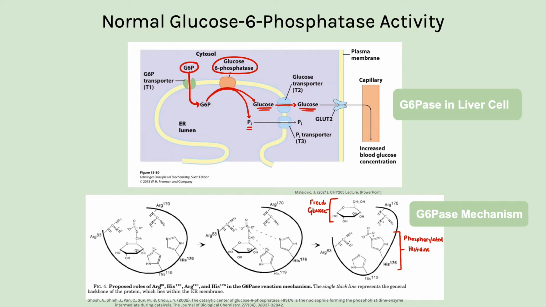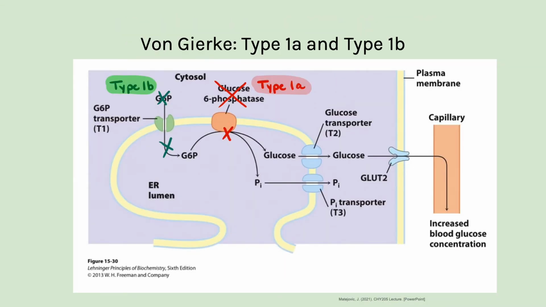When a patient has von Gierke disease, this process can't occur properly. As mentioned, the most common subtypes of GSD1 are type 1A and type 1B. Type 1A is the most common form of this metabolic disorder, representing roughly 80% of cases. This subtype is caused by a defect in the G6P gene, which codes for glucose 6-phosphatase, leading to a deficiency of this important enzyme and preventing glucose from being freed from glucose 6-phosphate to enter blood circulation.